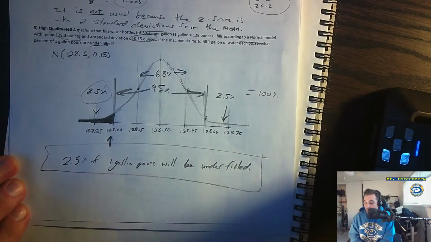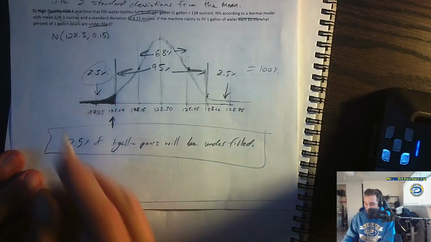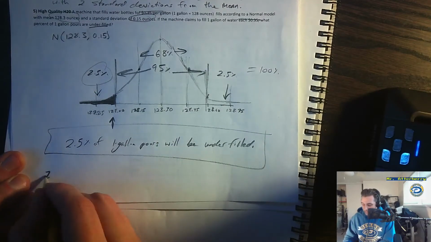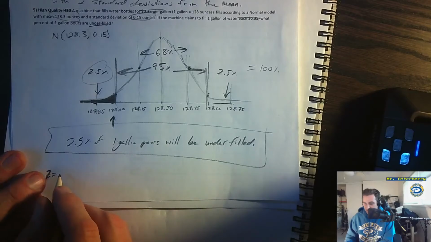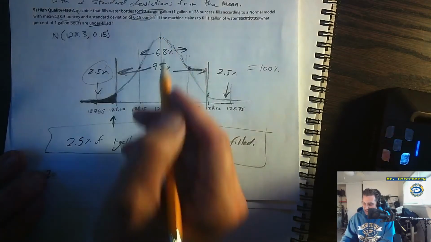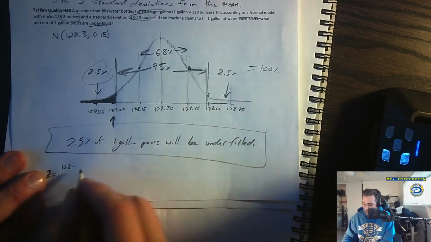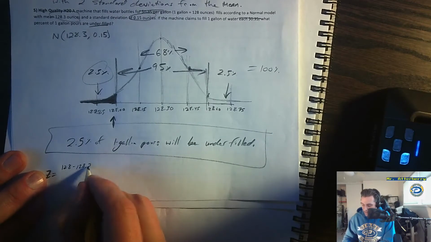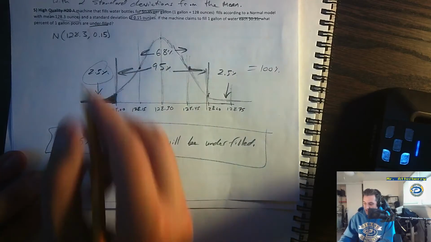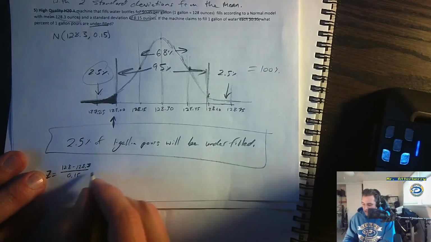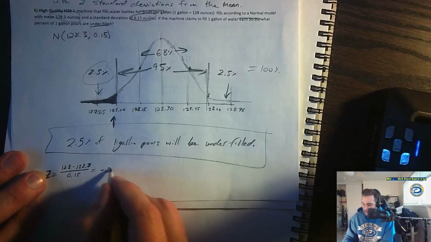Okay. The other way to do it, I'll show you real quick, would be to just do the z-score. The z-score would be the value that we want, which is 128, subtract the average, which was 128.3, divide that by the standard deviation of 0.15. And what I get is negative 2.